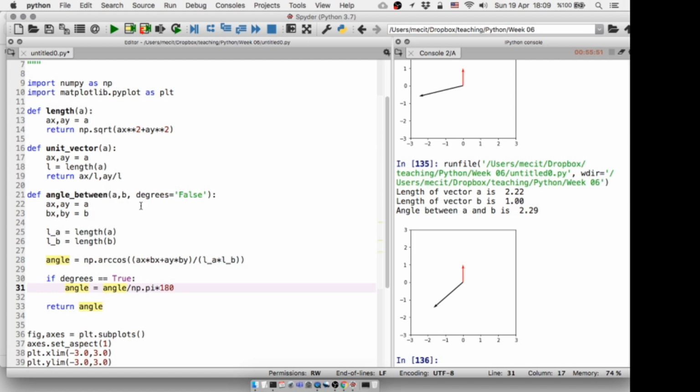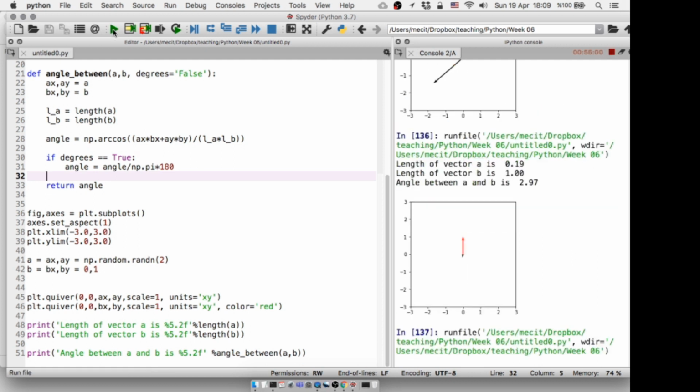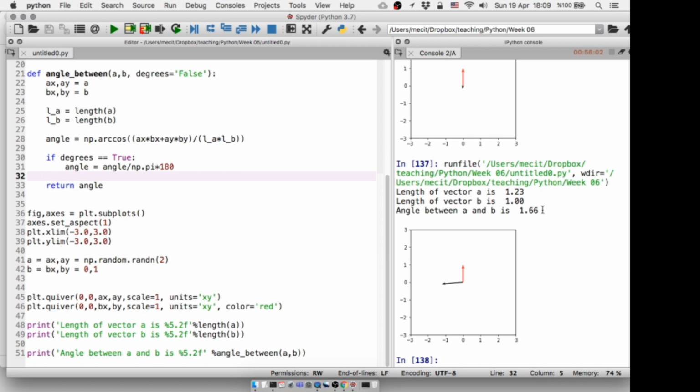So if I don't supply this, it is automatically radians as the program is running. So the angle is given in radians here. If as a parameter I say degrees is true, in this case the angle should be in degrees.